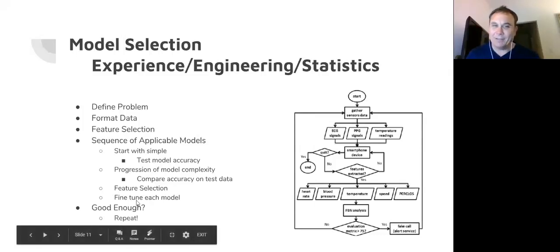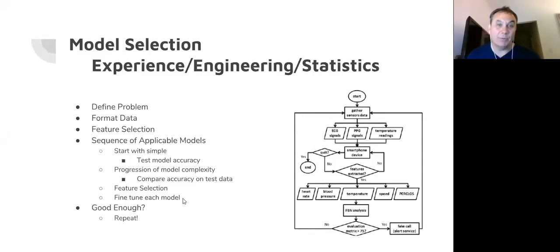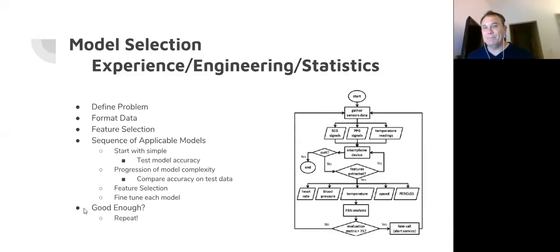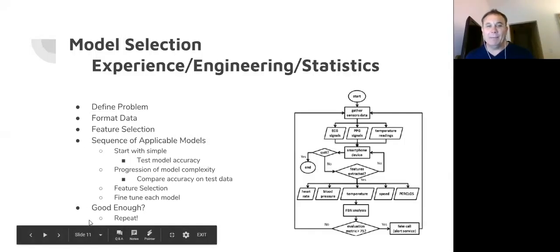And then something you can do is some hyperparameter tuning on a model, one of the more complicated models, the one that you got the best results from, and see if you can get better. And at the end, or any point in here, you have to stop and stand back. This comes from defining the problem. Am I good enough?